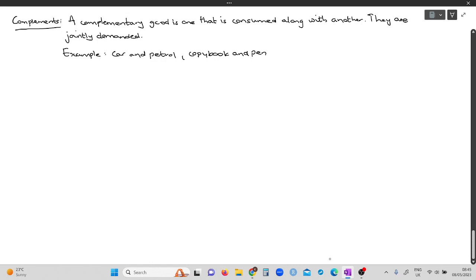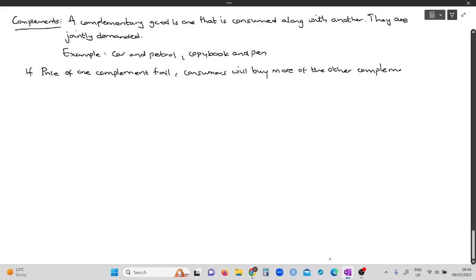So here we say that if the price of one complement falls, consumers will buy more of the other complement.